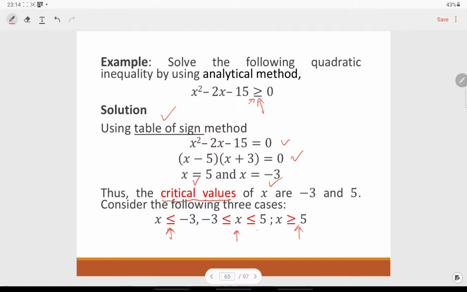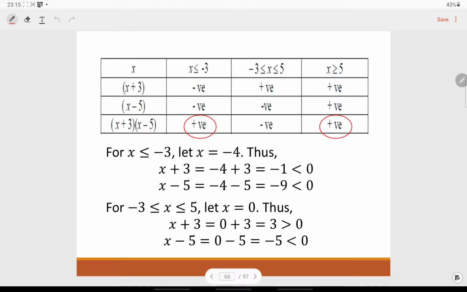Okay. Now is to write the table. At the table we have x here because this is our interest. Because we have two factors, x plus 3 and x minus 5, at the left hand side of the table we write x plus 3, x minus 5, because our interest is to find the product of these two.